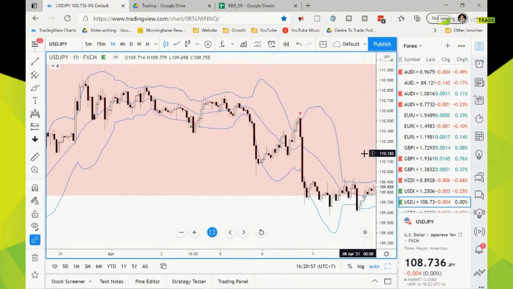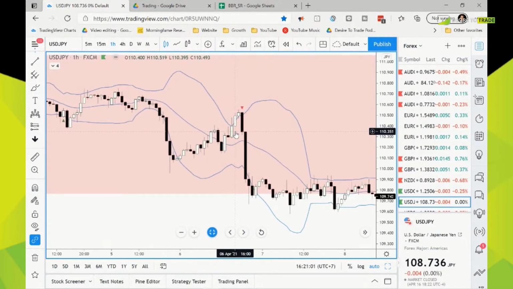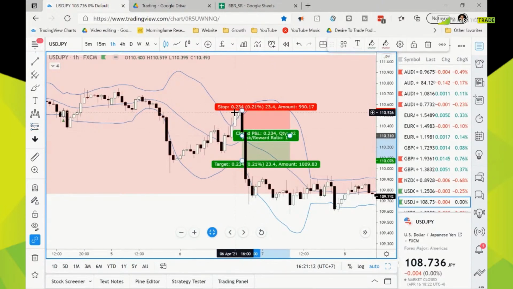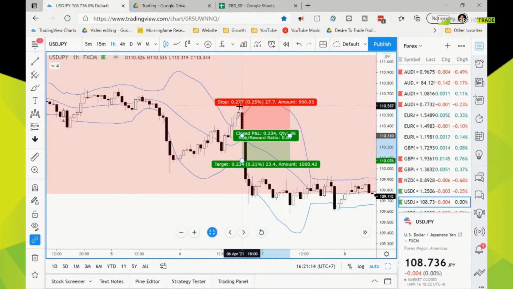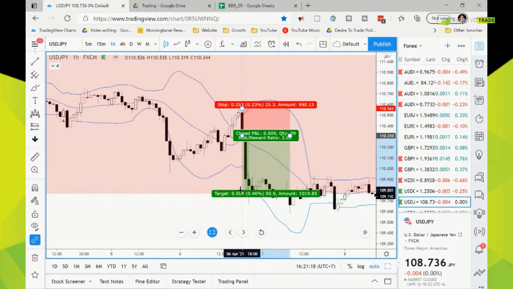In principle, we have price breaking the Bollinger Band and a golden candle bringing it back within the Bollinger Band. We enter below the low, stop loss beyond the high, and we aim for a risk-to-reward of 1-to-1, 3-to-1, like we said before. Put this right there. So 1-to-1 was triggered.